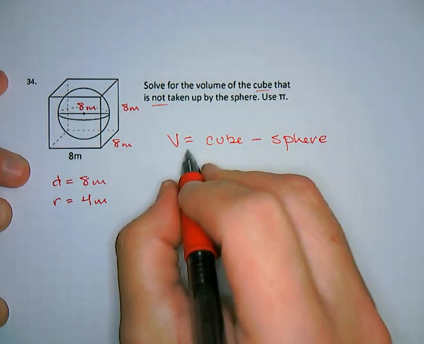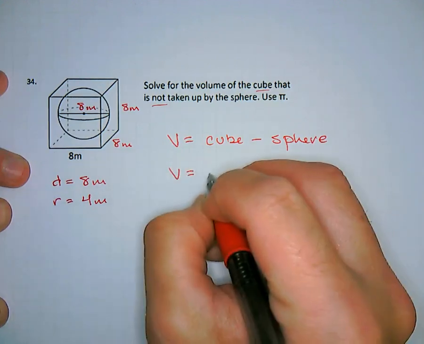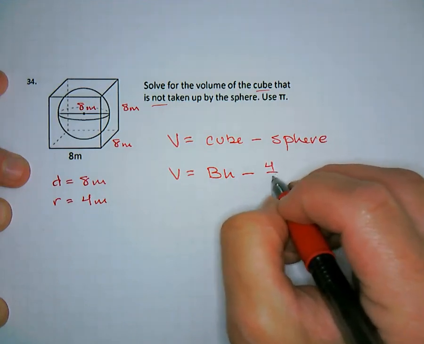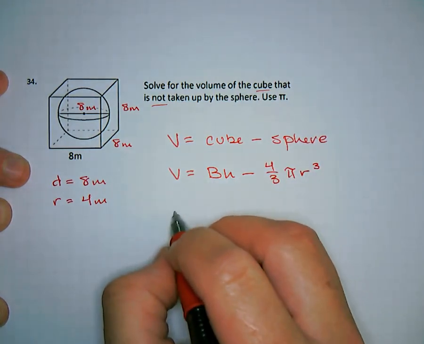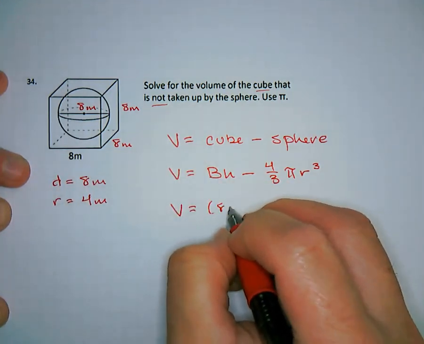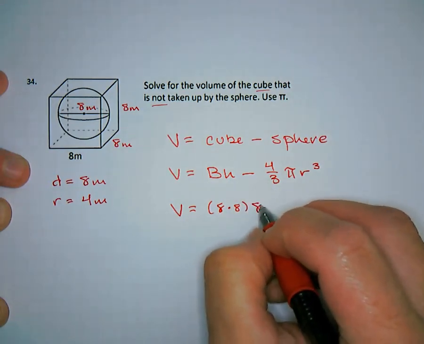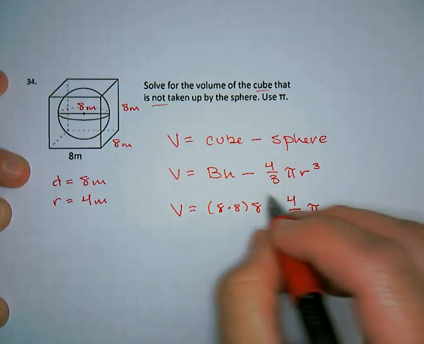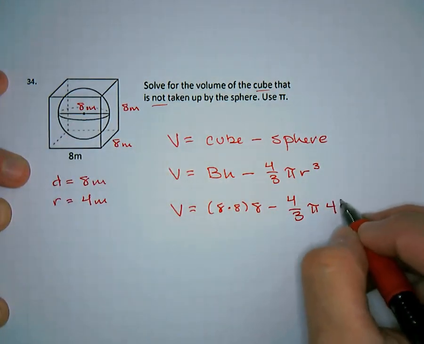A cube is just a square prism, so our volume is going to be base times height. Our sphere, once again, is 4/3 pi r cubed. So let's plug those in. Our base is an 8 by 8, 8 times our height of 8, minus 4/3 pi, and our radius is the 4. We got to cube that.